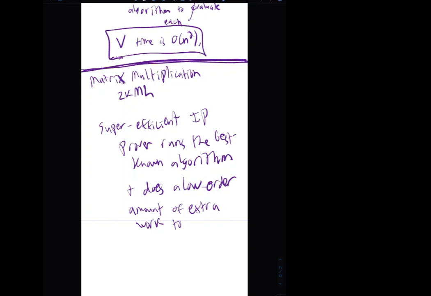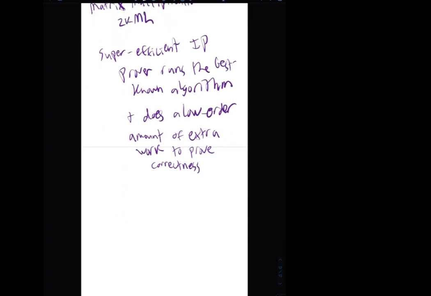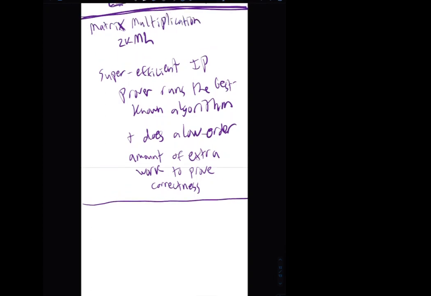So while counting triangles is not a problem anyone cares about, really, not in Snarkland anyway, matrix multiplication is. But I'm also covering this because I want to demonstrate the power of interaction in a very clear way. So we're going to give an interactive proof for matrix multiplication.